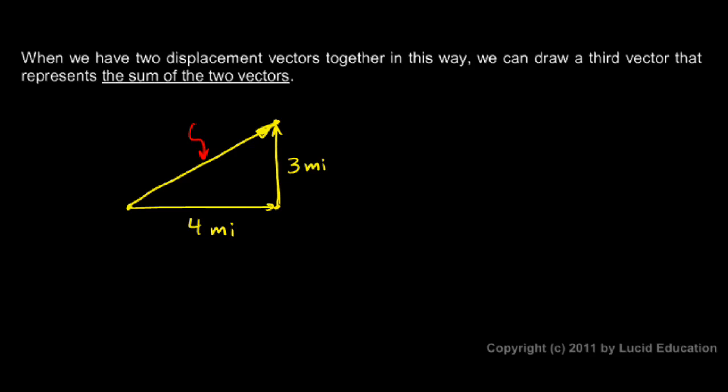And there's some important things to note about this. One is that when I add two vectors, I get another vector. And that makes sense. Just like adding two numbers gives you another number, adding two vectors gives you another vector. We actually have a term for it. It's called the resultant. Just like adding two numbers gives you what we call a sum, adding two vectors gives you a resultant.